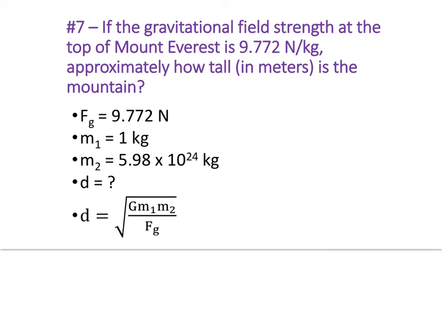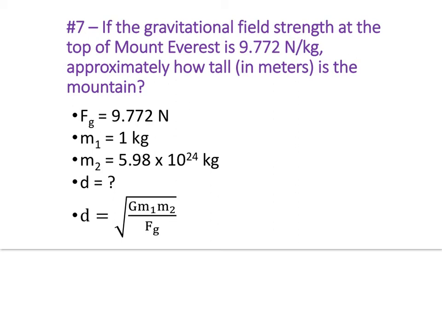So you put your equation together, and you did this one previously on number 2, I believe it was. Your distance is equal to the square root of big G times mass 1 times mass 2 divided by your force. But in this case, you're not finished, because this distance right here will tell you how far it is from the center of the Earth to the top of Mount Everest.